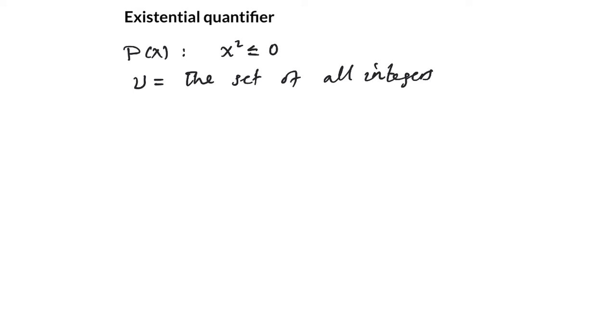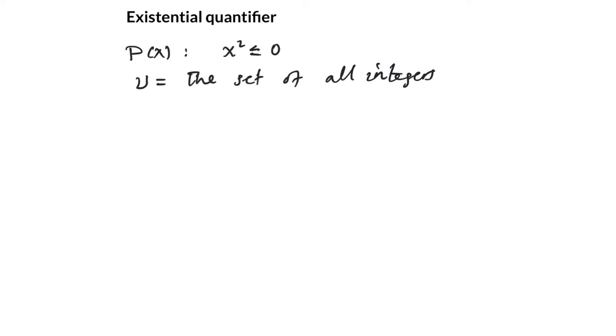For instance, if I pick this proposition, P of x, which says that x squared is less than or equal to 0, with, let's say, the universal set being the set of all integers, then P of x holds only for a single element.